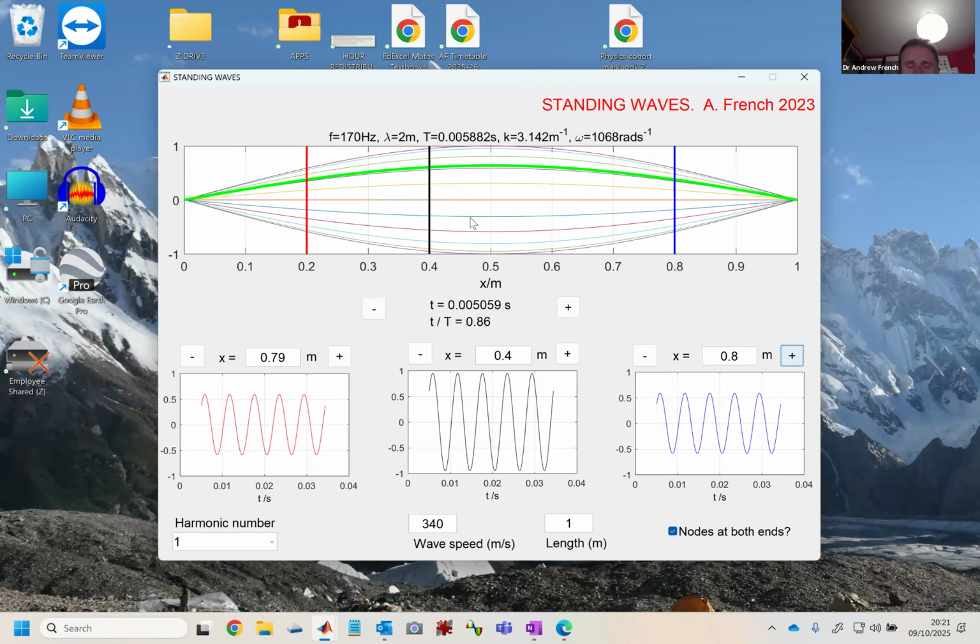All right. A standing wave is where you've got a similar phase relationship. What does that mean? At any point along this wave, we have the same time variation, but the amplitude varies along the wave. By decoupling the time variation and the spatial variation, a standing wave is literally a mathematical product of a sine wave in time and a sine wave in space.